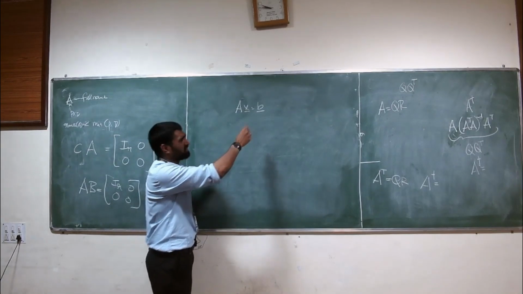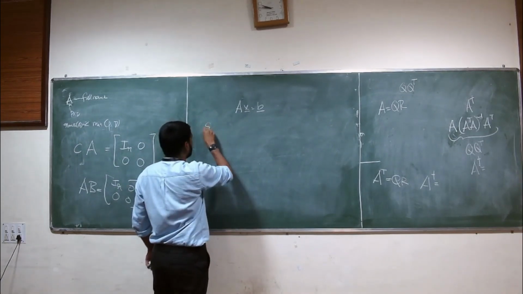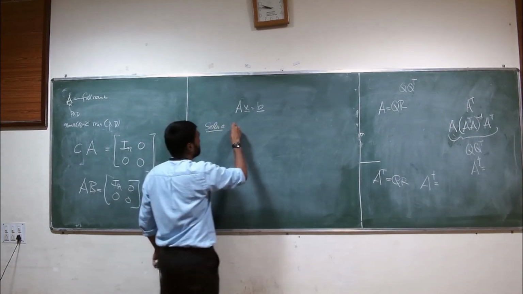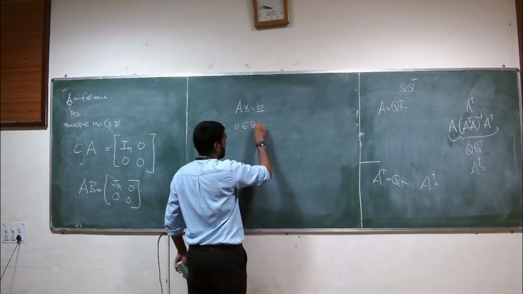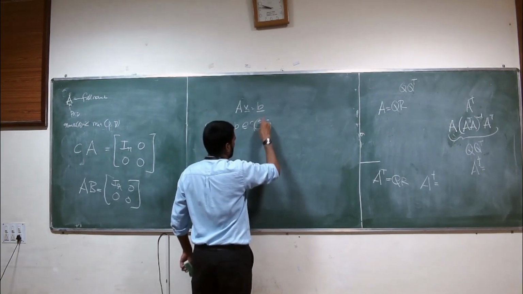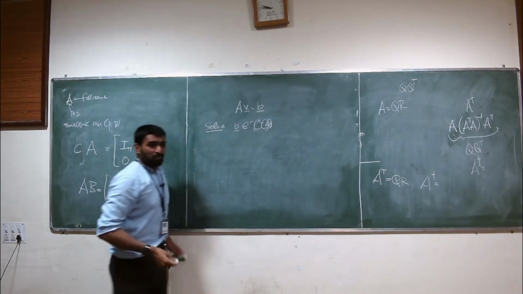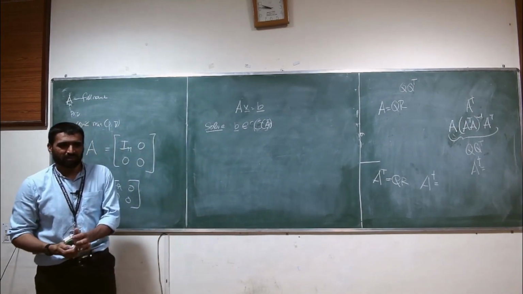Well, as always, B has to be in the span of A. If it's not in the column space, of course we cannot solve it. We can solve it if B is in the column space of A. But is the solution unique though?